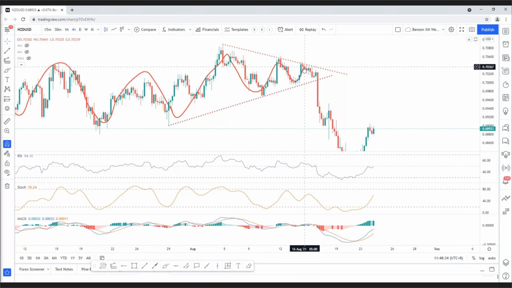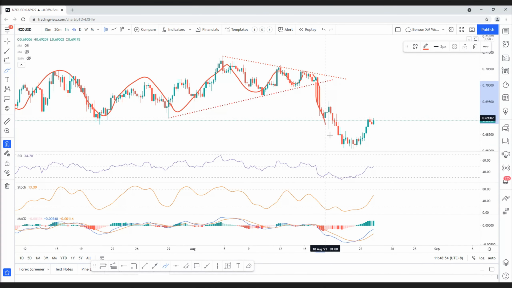So the best way to play it will be to wait for the price action to break either on the upside or on the downside. Okay, so what happened over here is that the price action broke to the downside, continuing its bearish pattern.